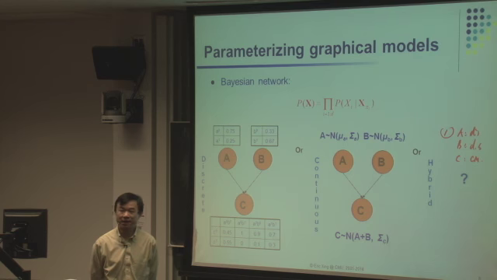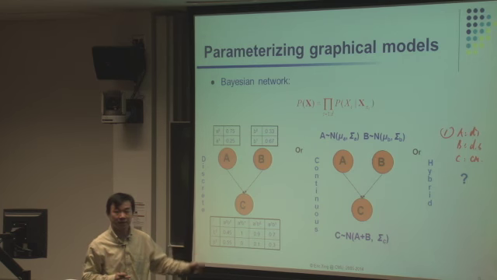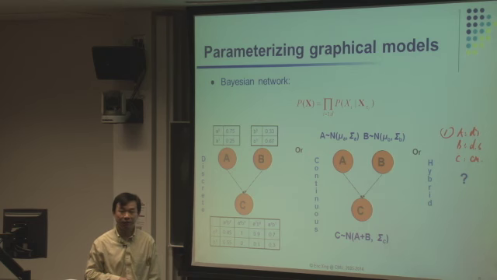I heard somebody saying a mixture, right? So that's a very natural thing. Mixture means that you have a number of Gaussian components, and you use these guys as selectors of that.